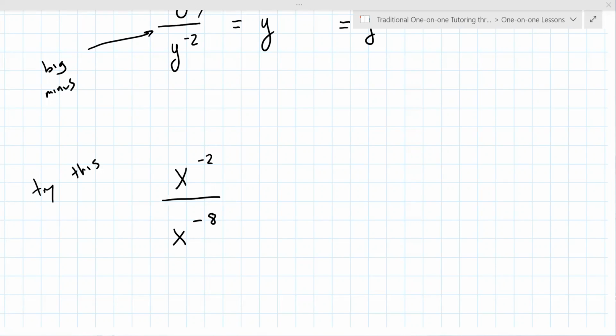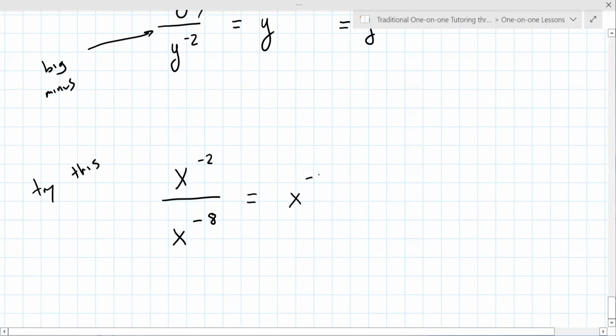So I got x to the exponent -10. But okay, this is why this is so critical. I know the problems get way more complicated in your assignment, but we have to build up from it's subtracting whatever it is. Even though it's already negative down here, this really is x to the -2 plus 8, so it would be 6. Yes.